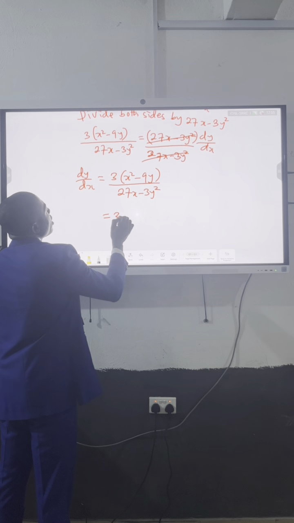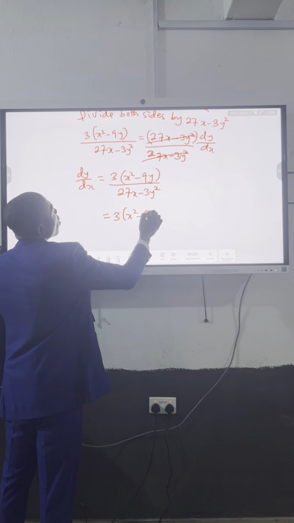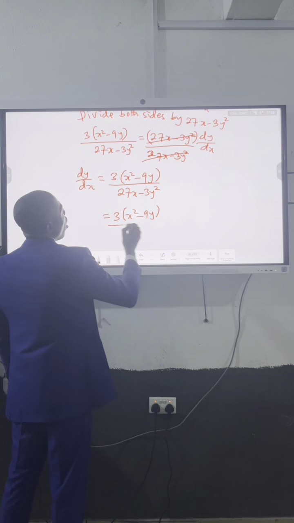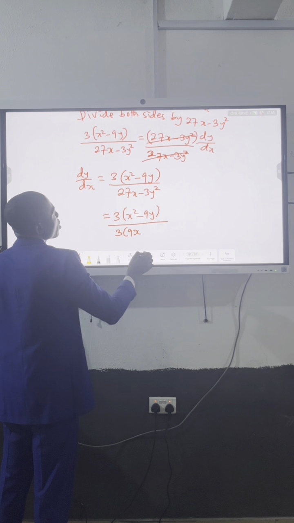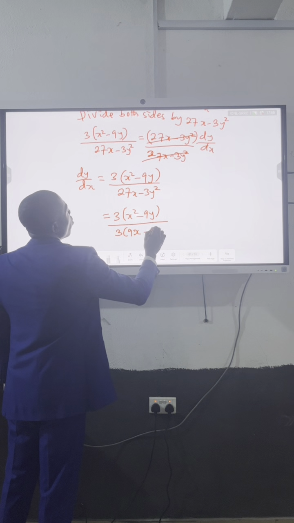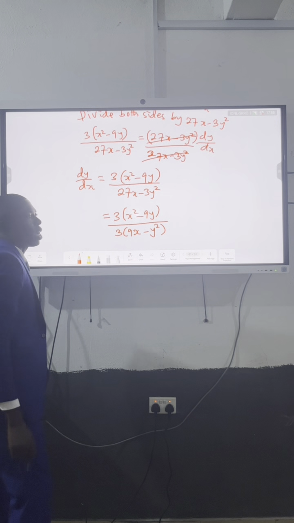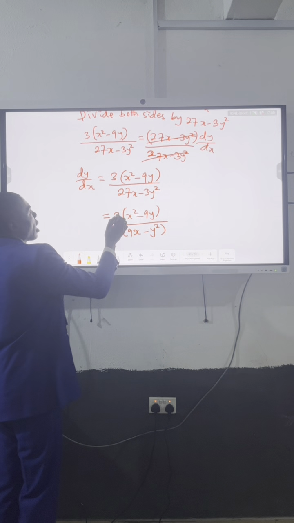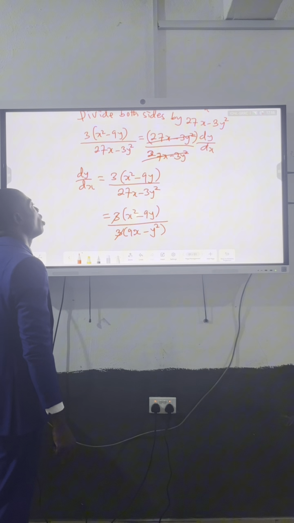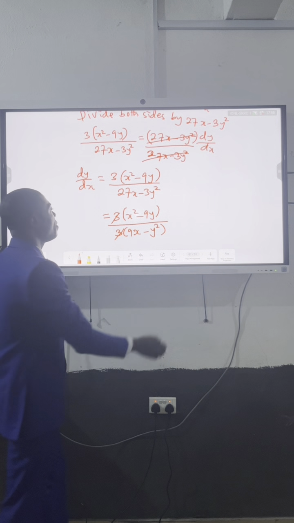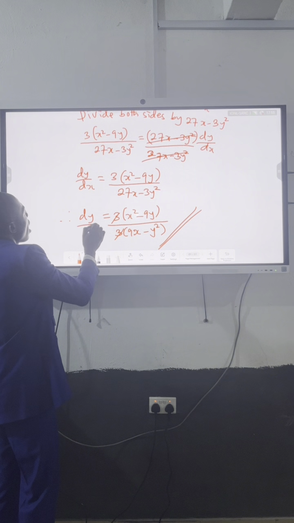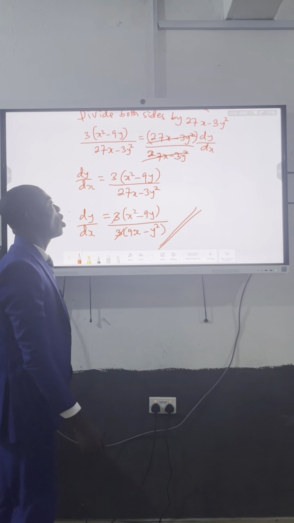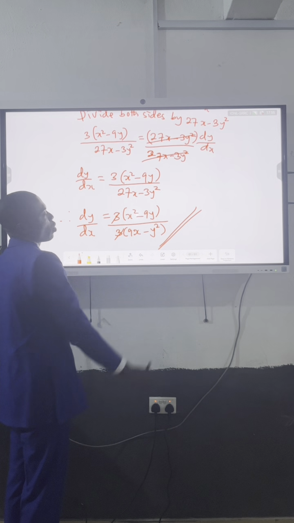You can say 3 into x squared minus 9y, all over, if you factorize 3, 3 into 9x take away y squared. You look at it carefully. All right, so that this can cancel this for you. Oh no, this one is not squared, so you can leave the answer this way. Now the final answer is that dy/dx is x squared minus 9y all over 9x minus y squared.